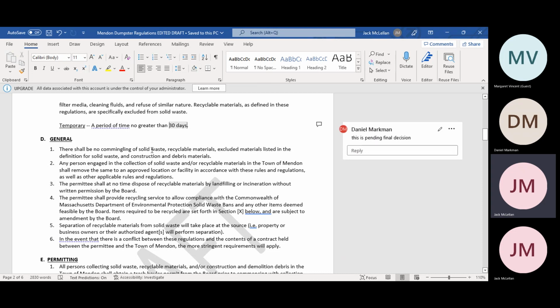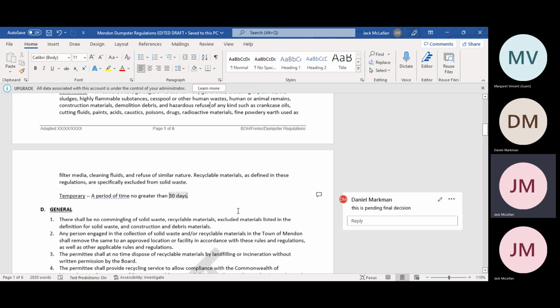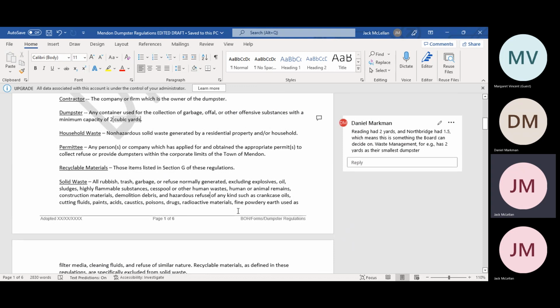Only a note that I made before, just in looking at the definitions for household waste and solid waste. From a general perspective, maybe not so much the definitions themselves, but if these need to be better distinguished throughout regulations, because I got a little confused between household waste and solid waste.